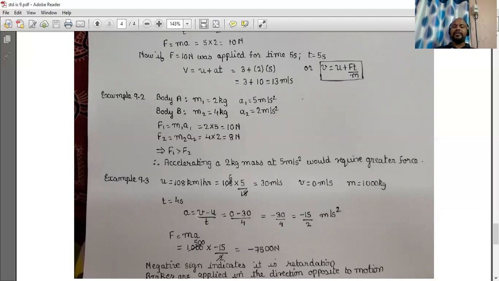So acceleration is v minus u upon t, that is 0 minus 30 upon 4, that is minus 30 upon 4. If you reduce it, it is minus 15 upon 2 meter per second square.